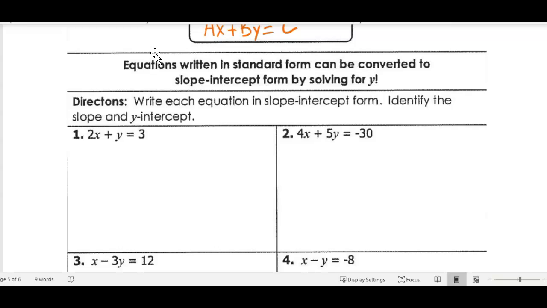Okay, so it says write each equation in slope-intercept form, identify the slope and the y-intercept. So we need to get y by itself. We're trying to get into this y equals mx plus b format, and then after, we identify the m and the b. So here are the steps I need to see today. I subtract 2x from both sides.